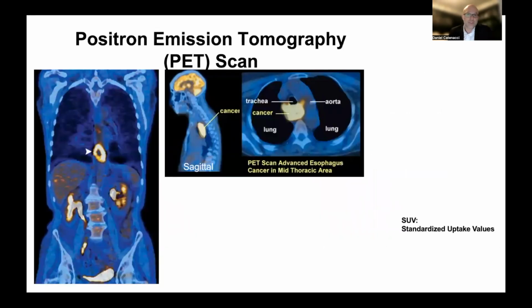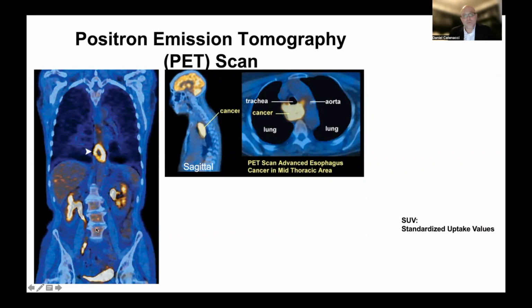So these are examples of PET scans, and the way PET scans work, this is superimposed on a CAT scan, and anywhere that you see highlighted uptake would be where the radio-labeled sugar is concentrating. And that's measured in terms of standardized uptake value, so it can compare from one scan to the next.